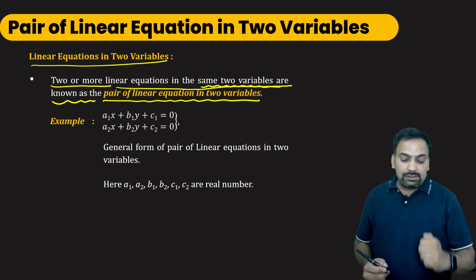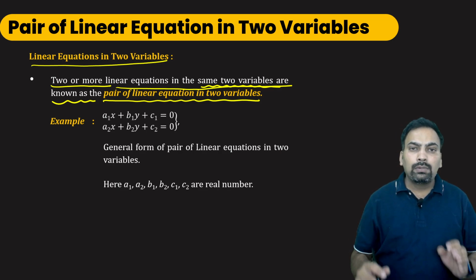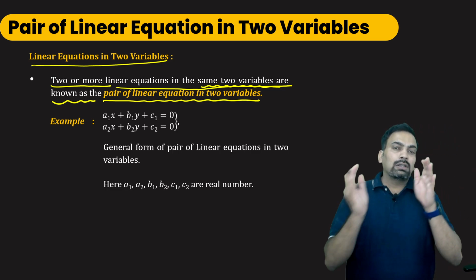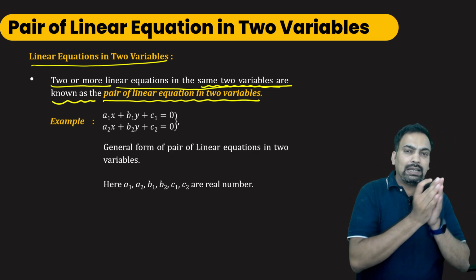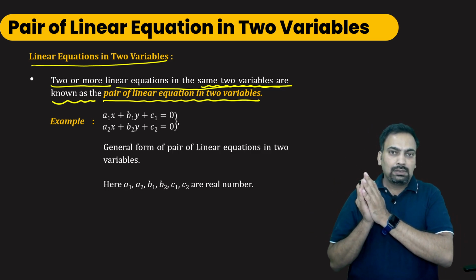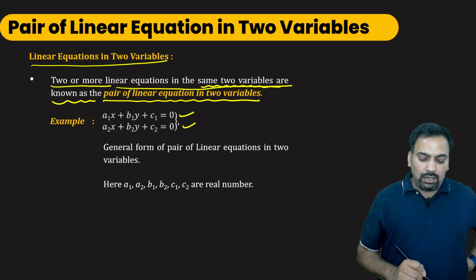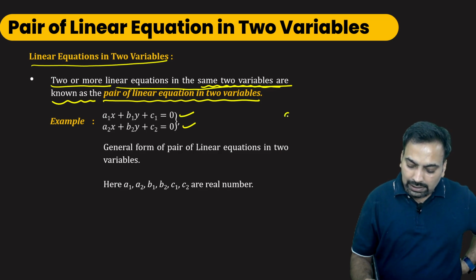How to represent it in general form? Either all the constants and variables shift to either LHS or RHS and put equal to 0. That is your generalized form of the equation.